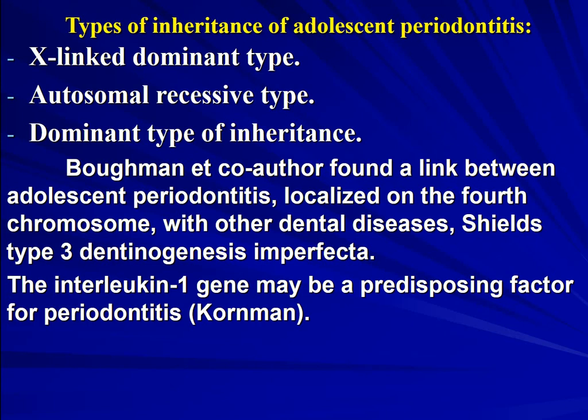Boughman and co-authors found a link between adolescent periodontitis localized on the 4th chromosome and other dental diseases, Shields type 3 dentinogenesis imperfecta. The interleukin-1 gene may be a predisposing factor for periodontitis.